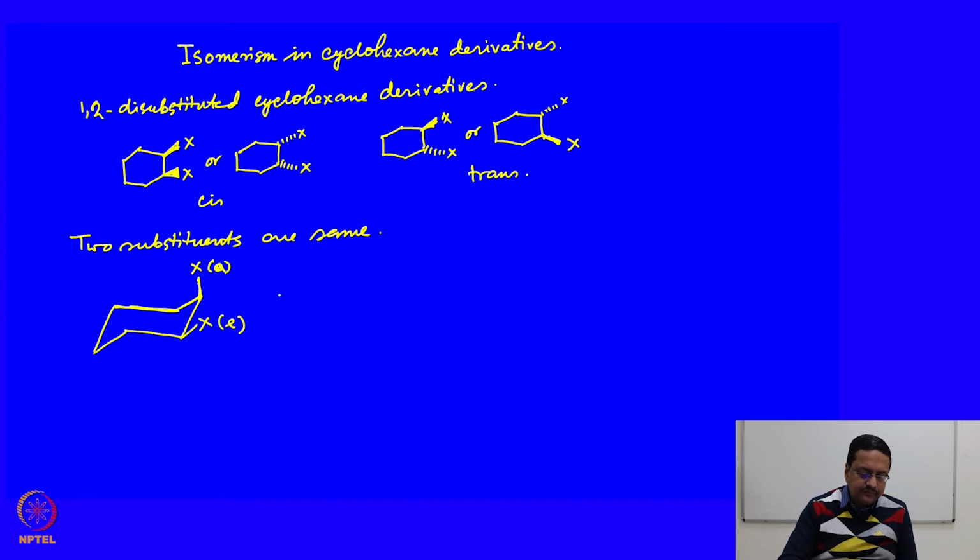So, both are up, and if you do this flipping of the ring, what we get is the following. So, this becomes axial and that becomes equatorial.